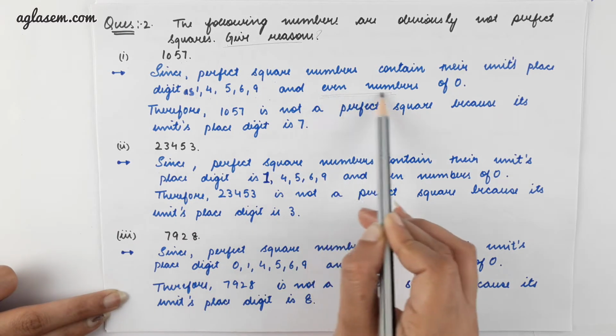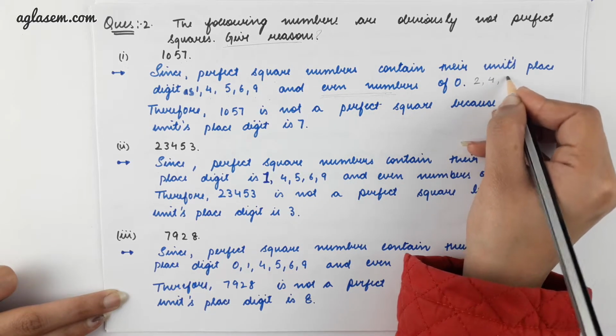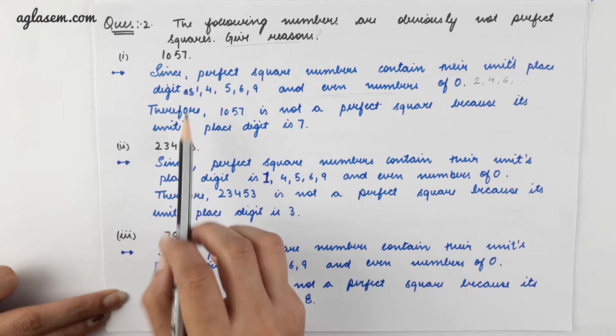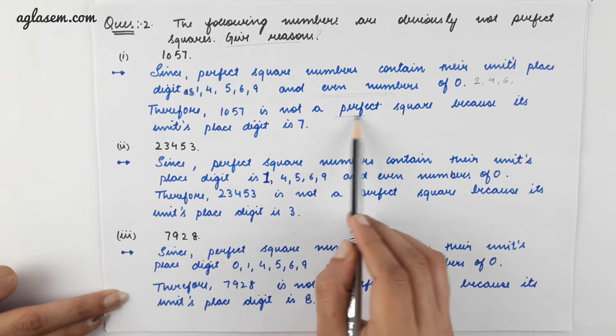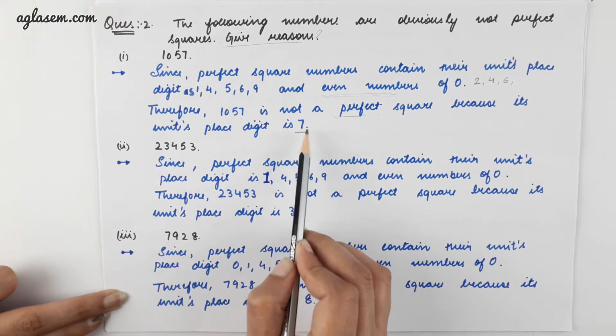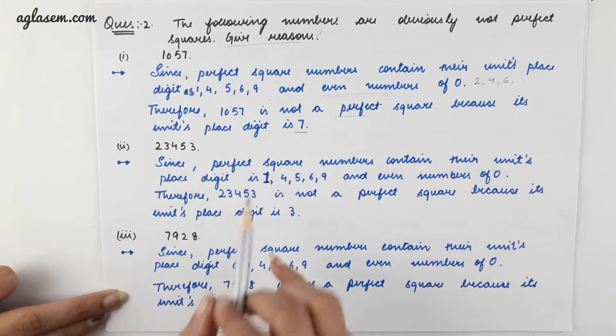What do we mean by an even number of zeros? That is either 2 zeros or 4 zeros or 6 zeros and so on. Therefore, if we look at the number 1057, it is not a perfect square because its unit place is 7, which is not a unit digit of a perfect square number.